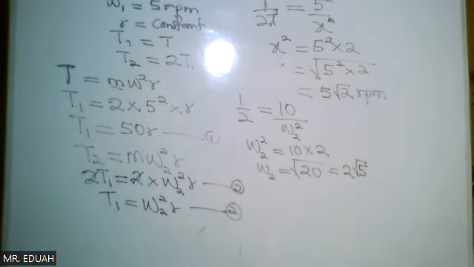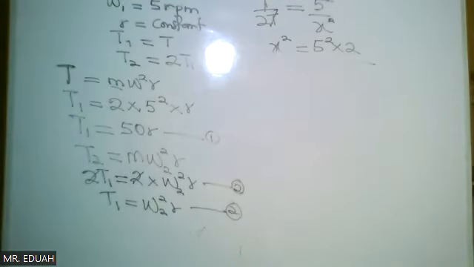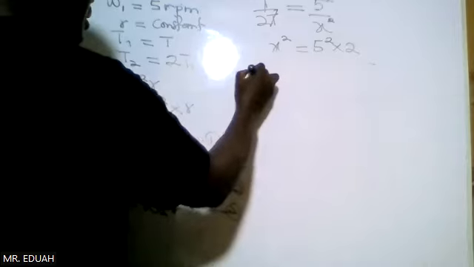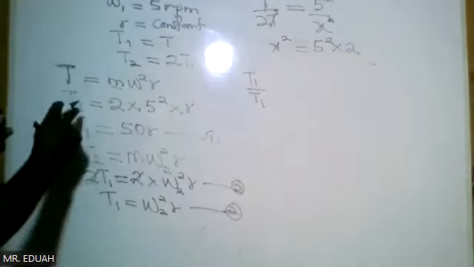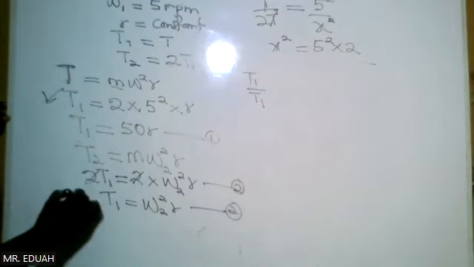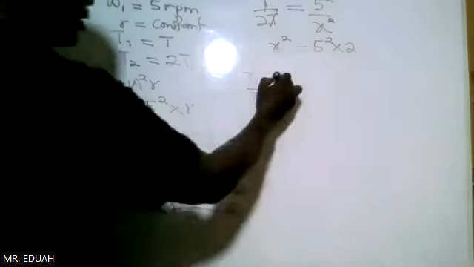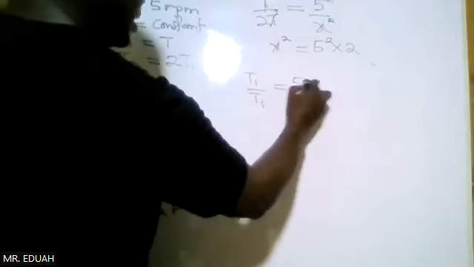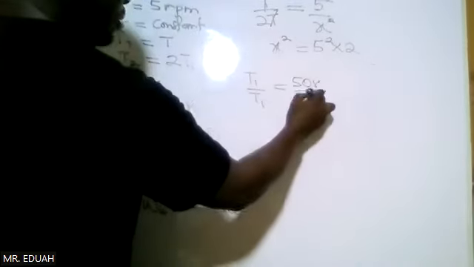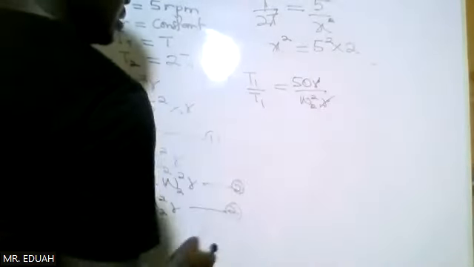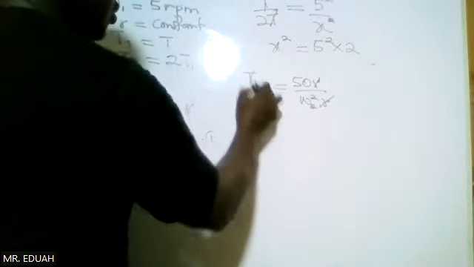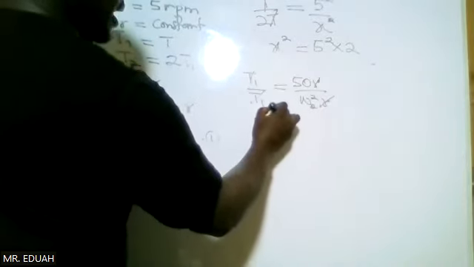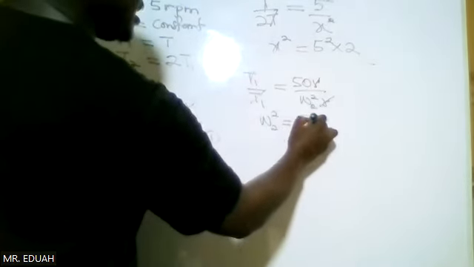So if you take a ratio of equation 1 and equation 2, you have T1 on T1, I'm dividing the left-hand side, and then the right-hand side is equal to 50 R divided by omega 2 squared R. And the R's will cancel out. So omega 2 squared is equal to 50.